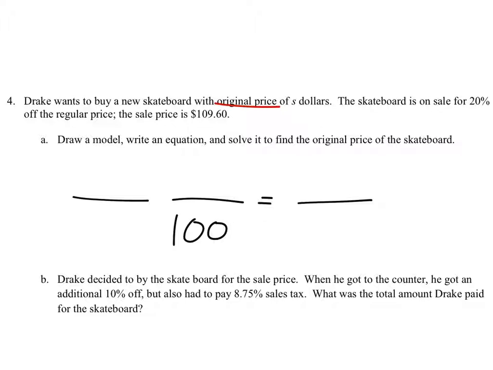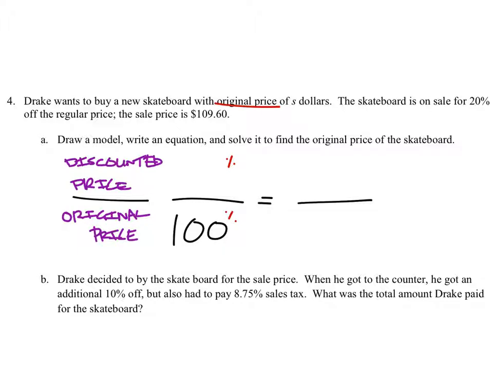Now the original price would be the 100% because that's really what that represents. So we've got to figure out the percent which would represent the discount. We need to remember that the original price is the whole price, and that's the value that we don't know on this one. But we do have the discounted price, which on this one is $109.60.